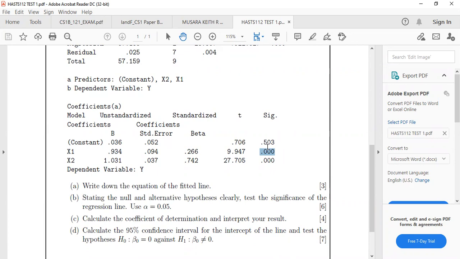Hello, guys. My question is, what should we use? She has explained that we are testing whether beta 1, beta 2 is equal to 0 or not. What should we use then to test that?